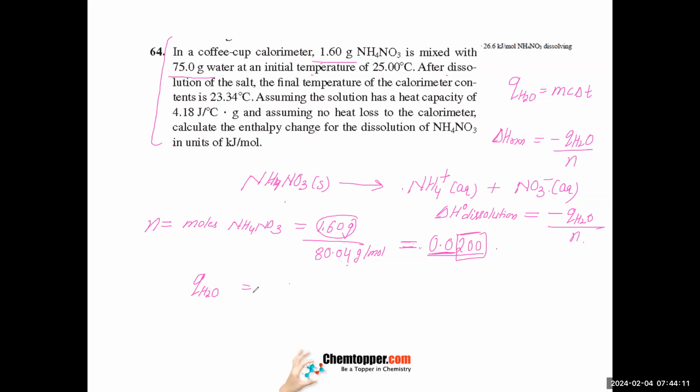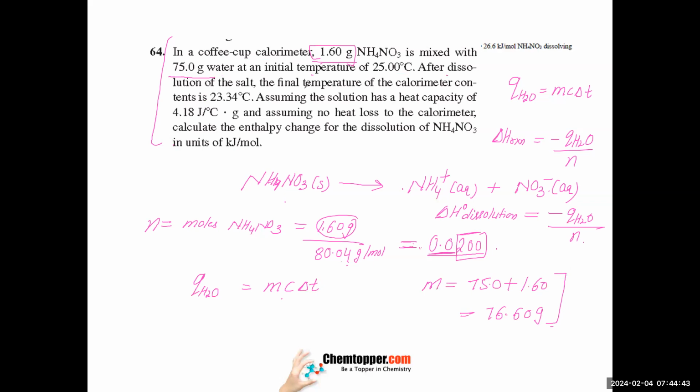M of the solution is, I'm going to use this equation, but I'm going to take it as 75.0 plus 1.60, because this is the part of the solution now. So most of the children, they do error here. 76.60 grams. You're going to add the mass of the ammonium nitrate because now it has become the part of the solution.